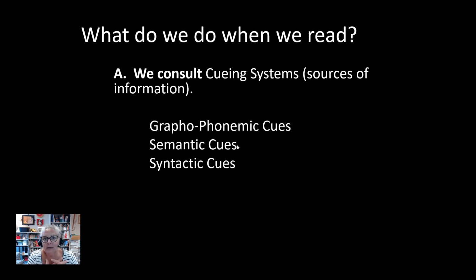Syntactic cues are the grammar or the structure. When the child's reading along, are they thinking about what could possibly come next, given the grammar of the sentence? So if the child's reading along and they read "the cat," the next word is not going to be "sandwich." The cat sandwich? That doesn't sound like English. We don't say words in that kind of order. The next word after "the cat" would have to be some kind of action.